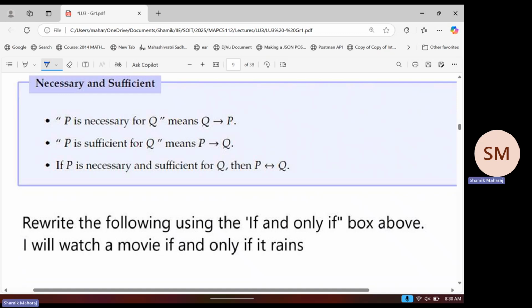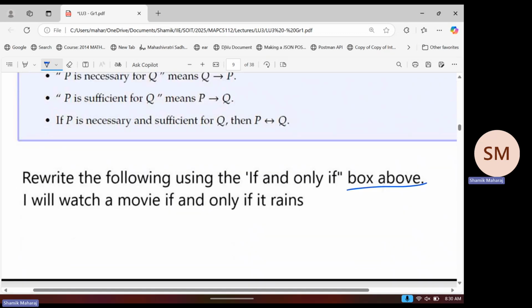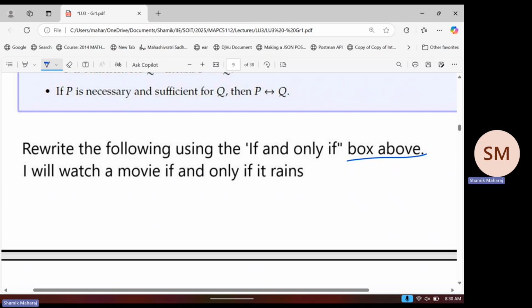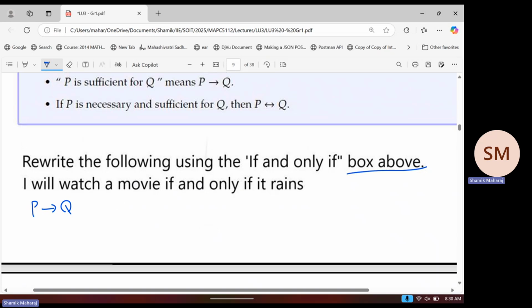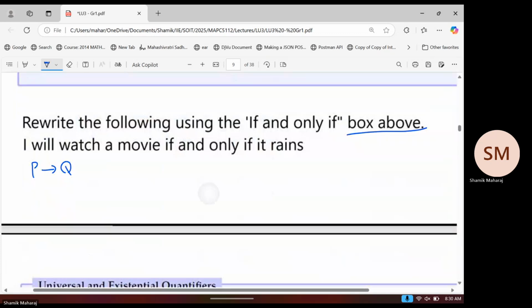So do you guys want to try this or do you want me to do it? Okay, so here when they say the box above, they're talking about the box which tells us that. I'll just rewrite the rule here. P implies Q can be rewritten as, or is logically equivalent to, P implies Q and Q implies P. The order doesn't matter, but let's just be consistent.